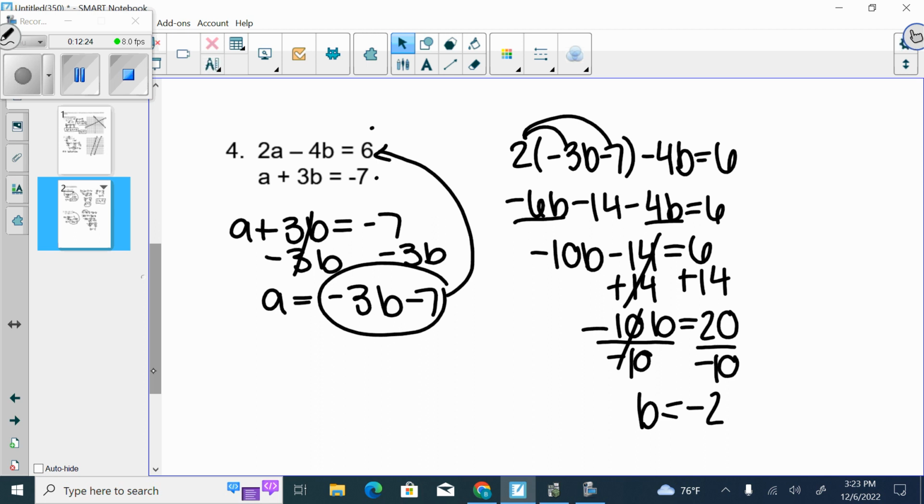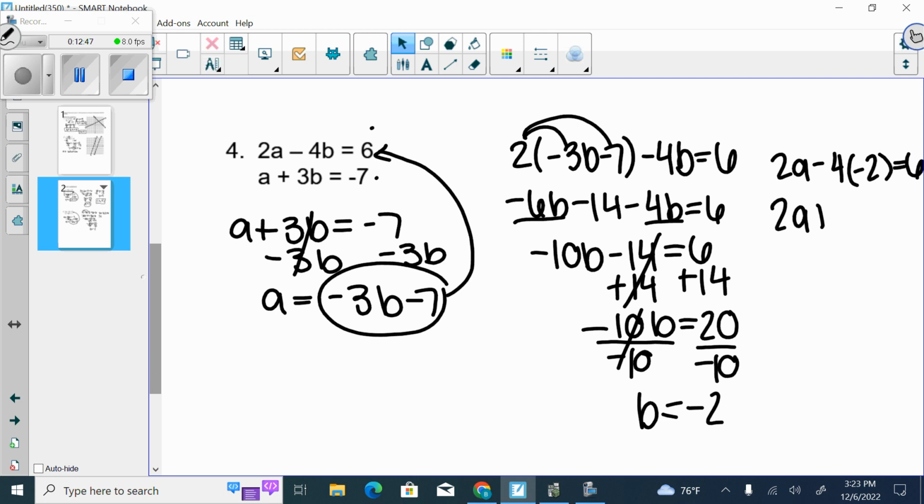The first? Okay. All right, so in the top, we've got 2a minus 4 times, what am I going to replace b with? Negative 2 equals 6. All right, so what am I going to do first? Good. So what is negative 4 times negative 2?